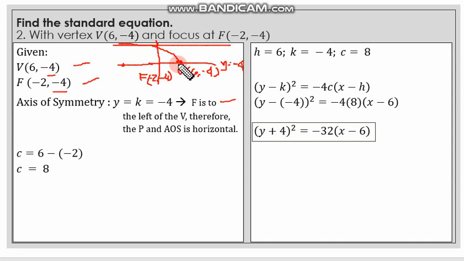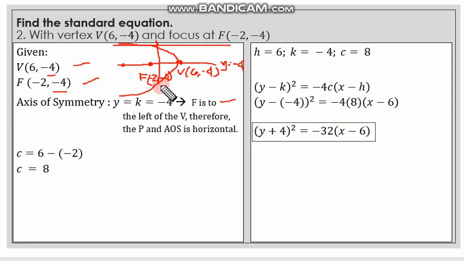The opening of the parabola is toward where the focus is. We don't know the directrix yet, and we don't know the value of c.